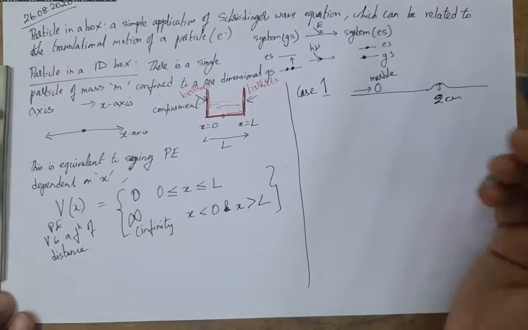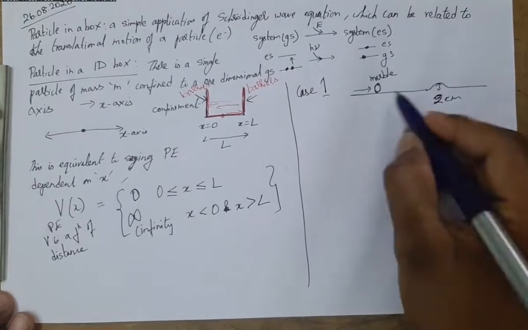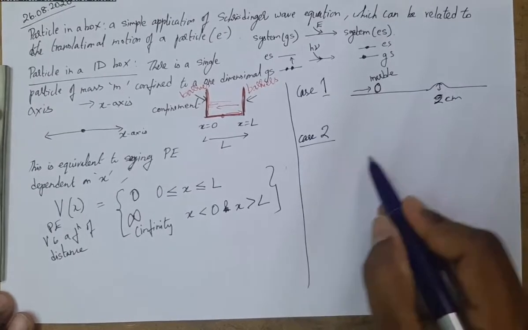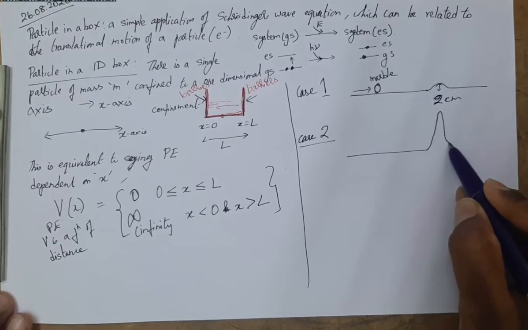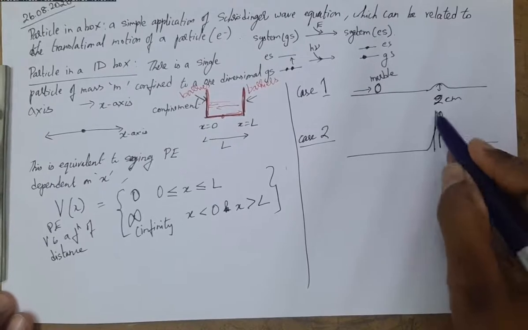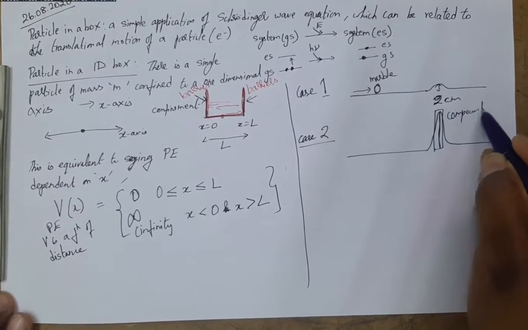Marble, in the local language we say goli. And let's say case 2. Let's say there is a compound wall somewhere, something here.